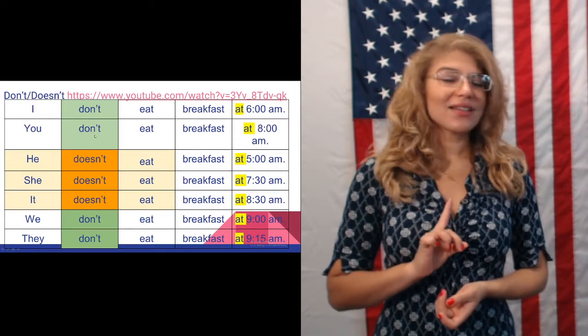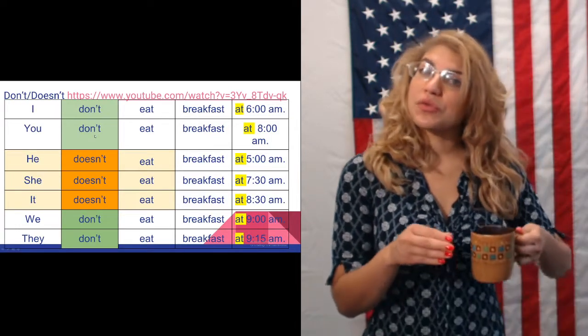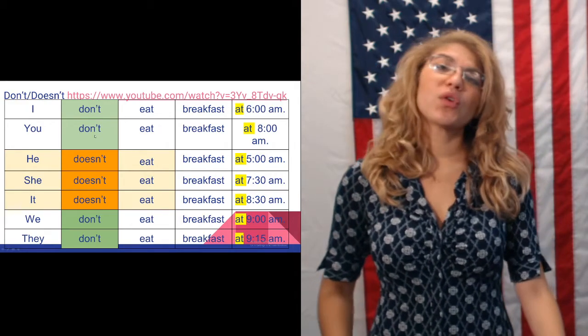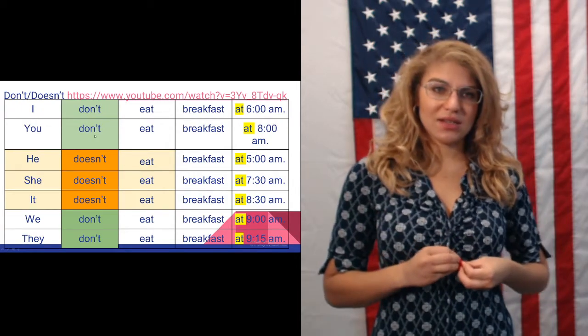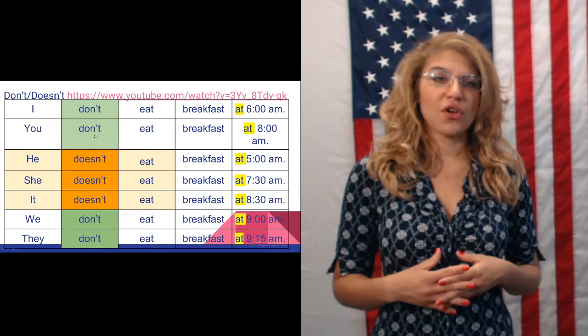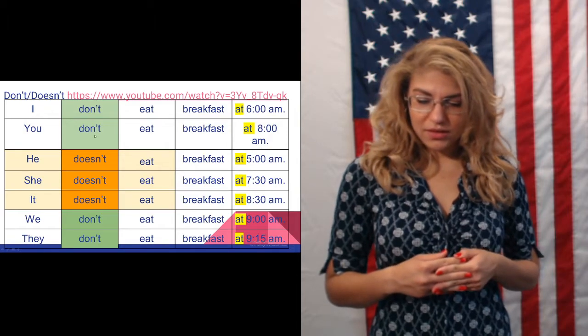But we cannot say I no eat or I no drink. We must change the word no for the word don't. I don't eat. I don't drink. I don't go. I don't work, for example. I don't know.